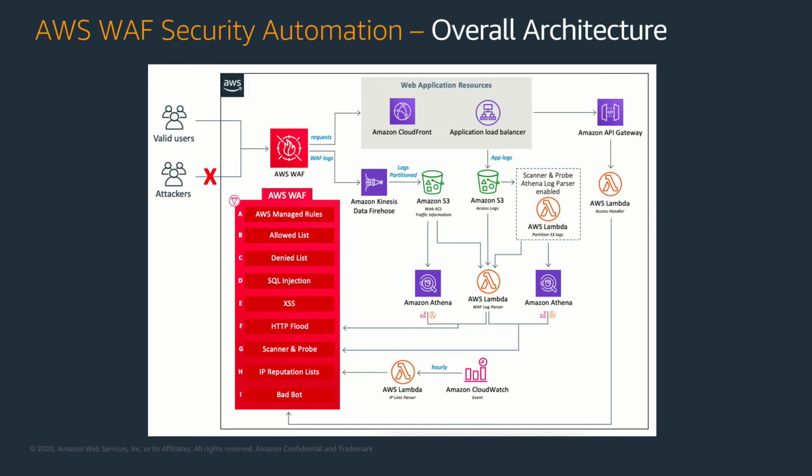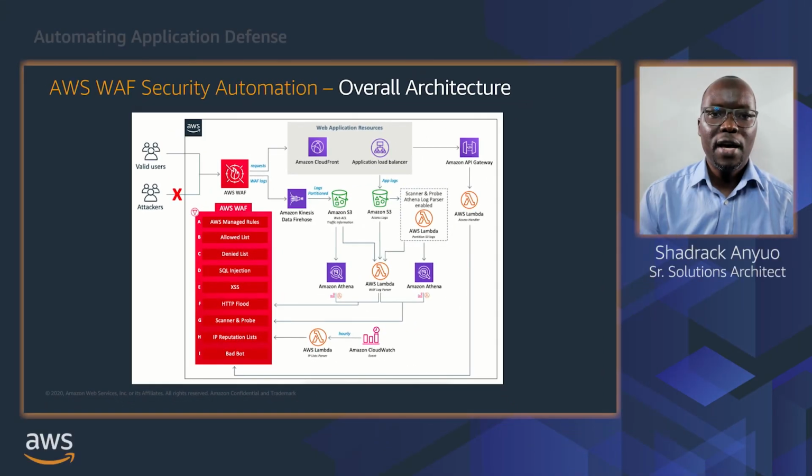With the WAF API, you can automatically update rules, as I have demonstrated, to build a more robust and near real-time mitigation response. This overall architecture includes AWS managed rules as part of the deployment, and this solution is available in the form of a CloudFormation template and is ready for deployment.